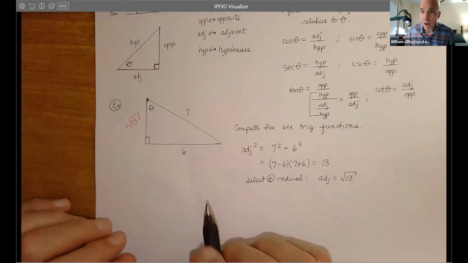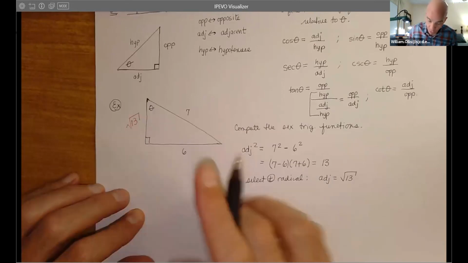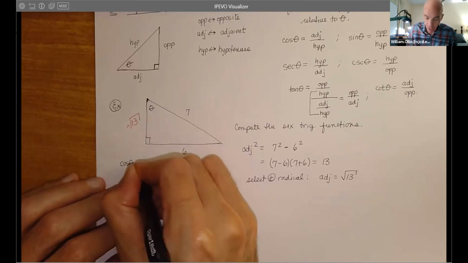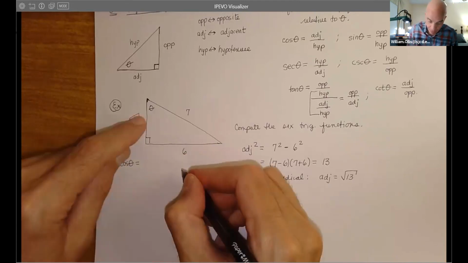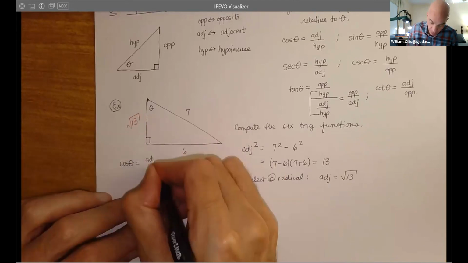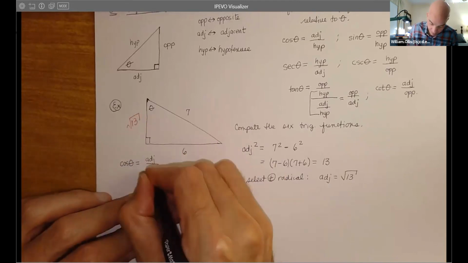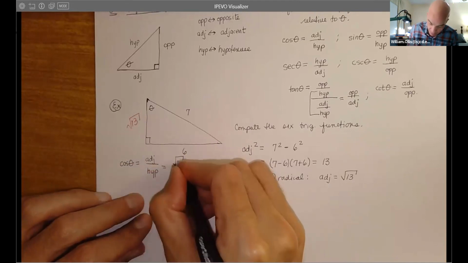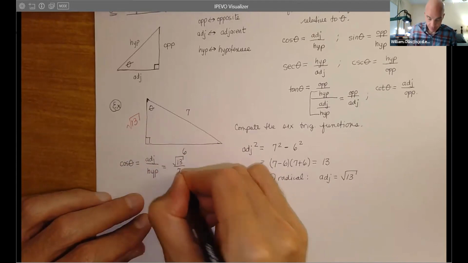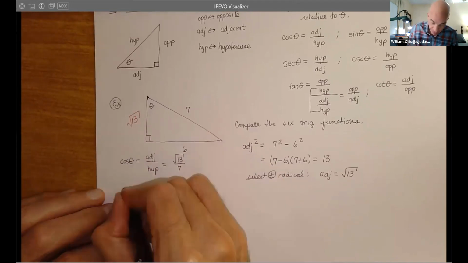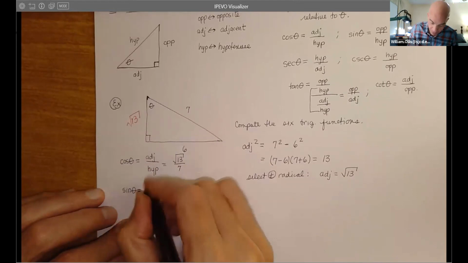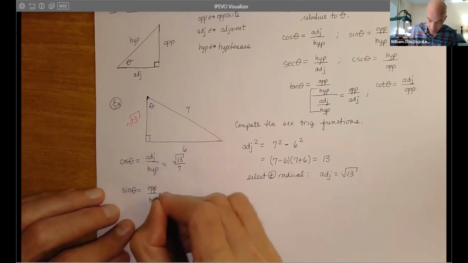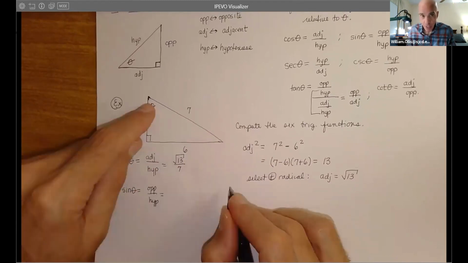So now we can easily write the trigonometric ratios. Cosine theta will be the adjacent over the hypotenuse. I'll write some of these out for the cosine and the sine. So this will be square root 13 divided by 7. And sine theta will be the opposite over the hypotenuse, which in this case will be 6 over 7.